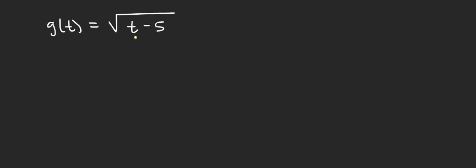What will be the domain of this function? G of t equals radical t minus 5. Well, remember, whenever you have a radical, whatever is inside the radical has to be greater than or equal to 0 in order to be a real number. So t minus 5 has to be greater than or equal to 0 in order for the number to exist. So what is it?